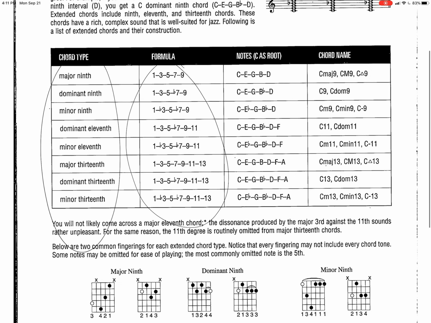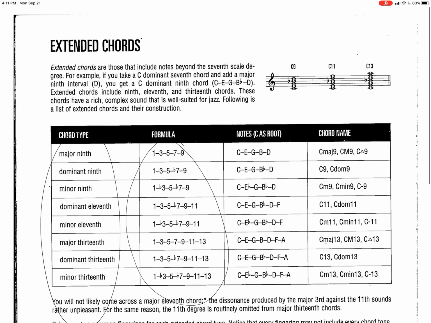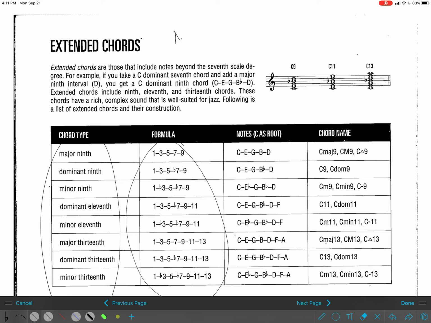And don't shy away from this paper. This has all of your formulas in one spot. But really, guys, you're just looking to see in this whole packet if something is major or minor or dominant, because the 9th, 11th, and 13th of all three of these are the same no matter what the key is. So if it's major, it's going to be 1, 3, 5, 7. If it's minor, it's going to be 1, flat 3, 5, flat 7.